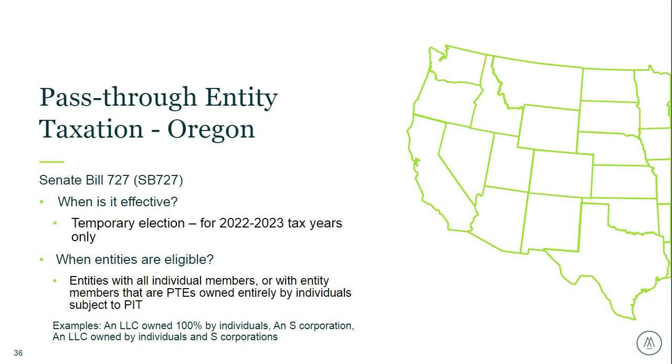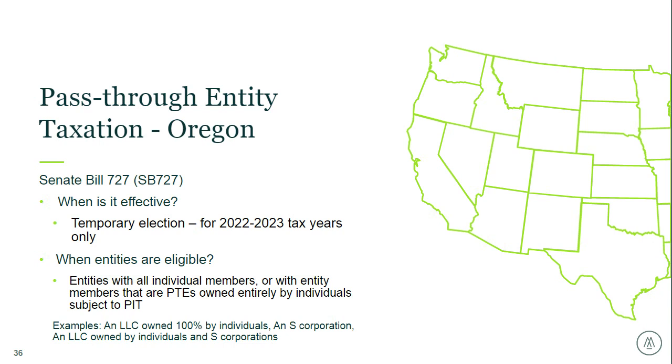The Oregon election is made under Senate Bill 727, SB 727. It's effective in 2022, so it's not available yet for 2021, and right now it's 2022 and 2023 tax years only.